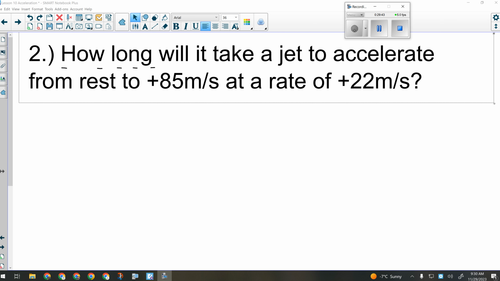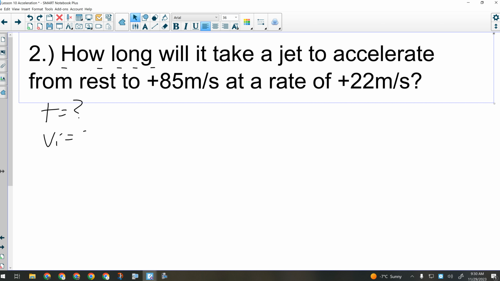As with any physics problem, we're going to first write down our givens. How long will it take? Asking for time. A jet to accelerate from rest to positive 85 meters per second at a rate of positive 22 meters per second squared. How did I know that was acceleration?